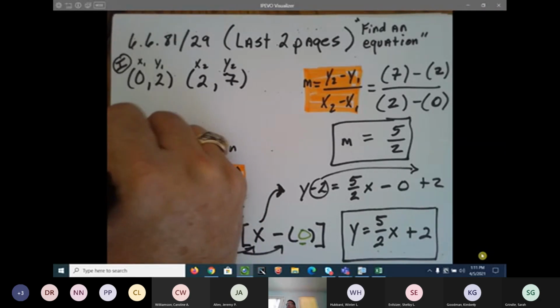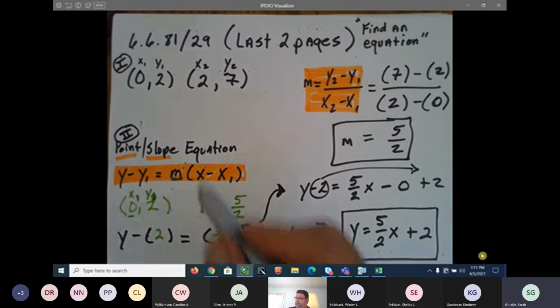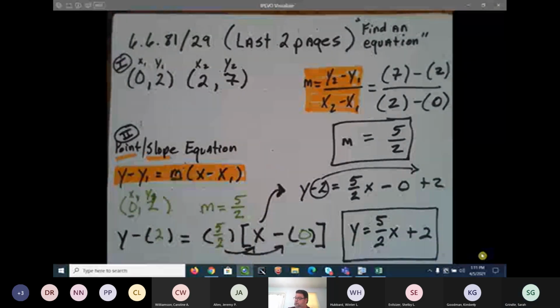Usually. Sometimes they give you the point and the slope and you just plug it into the point slope equation, which is usually an easier problem. And yes, those are 2 test questions right there, if not 1. Maybe 1 big question or maybe 2 separate questions.